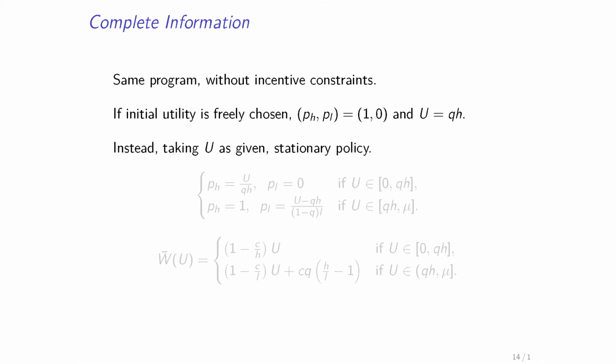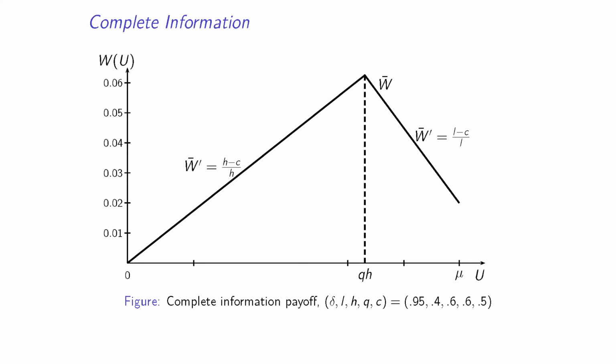But if we cannot choose the promised utility freely, we know that we have to distort from that very first best policy. And I use a gray color here because it's better to look at the picture than the formulas. So this picture shows the first best, the complete information case without the incentive compatibility constraint.